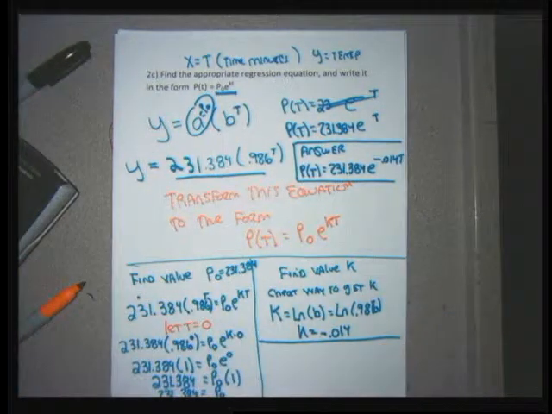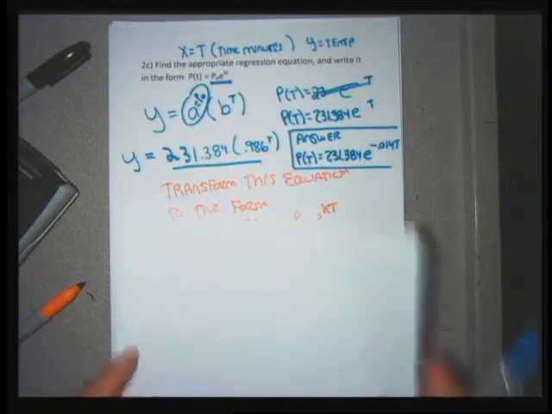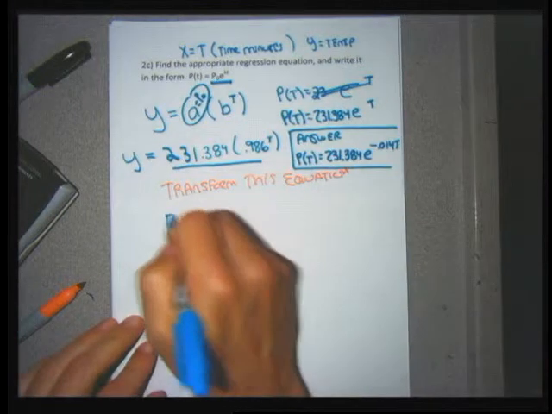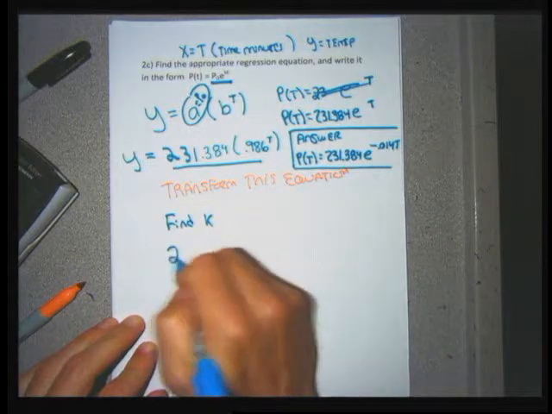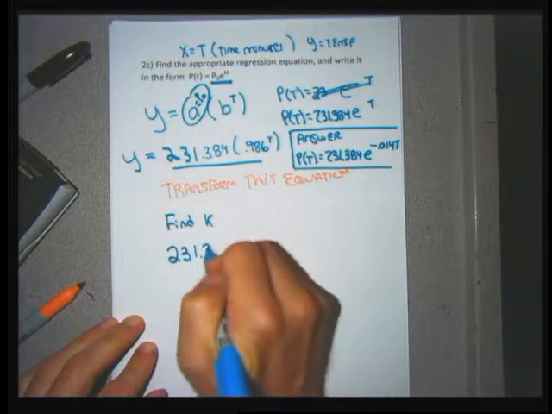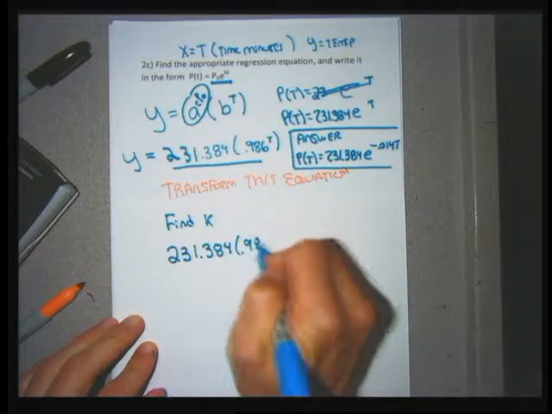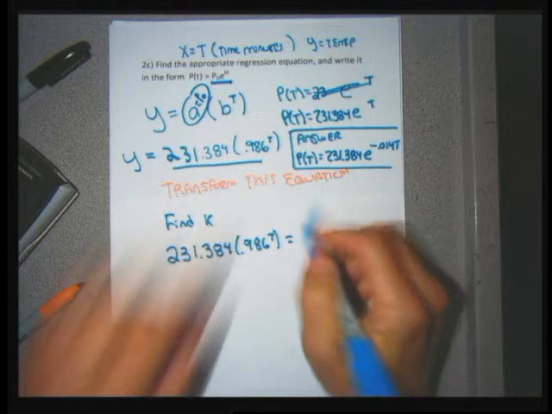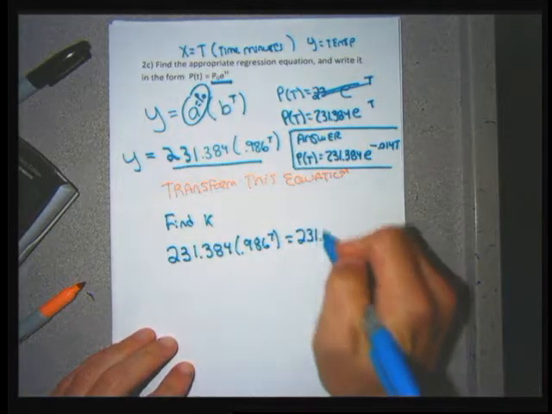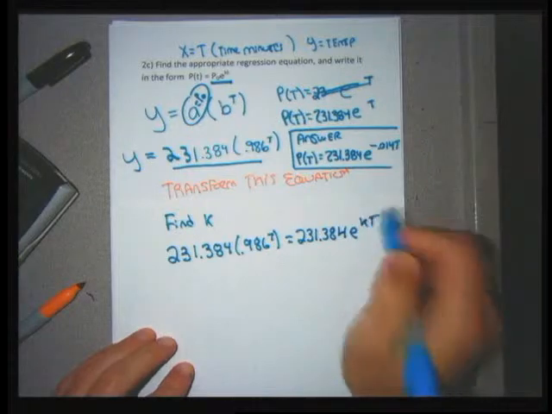Let me show you real quickly how to get the value of K with algebra. So if I wanted to find the K and I didn't want to cheat, I know my calculator equation is 231.384 times 0.986 to the T, and I know my equation is going to be 231.384 times e to the kt.